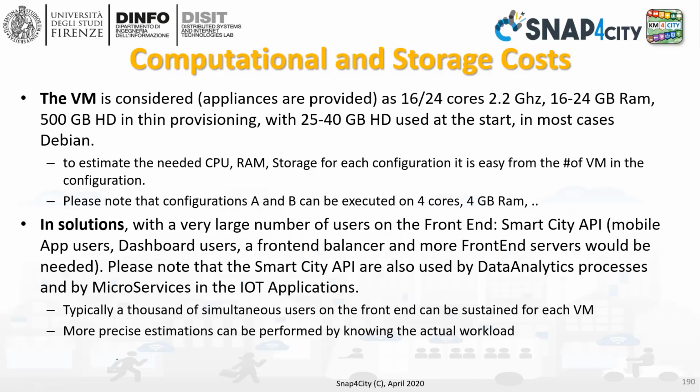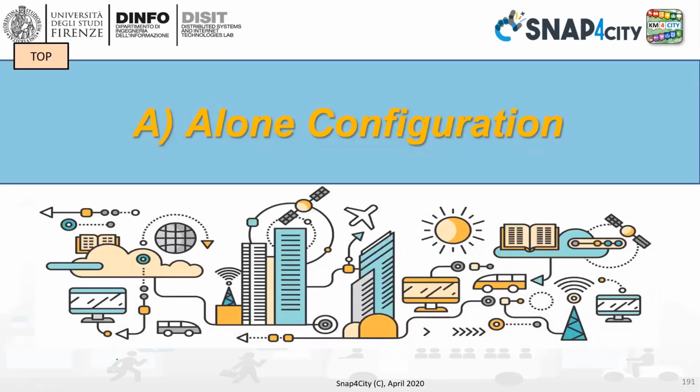You can even have, all together, a very large platform in which you have a very powerful back office with a very large storage and a very powerful front end with a lot of users. You can scale from a single virtual machine with everything inside to a very large solution with many users in the front end and also in the back office for data analytics.